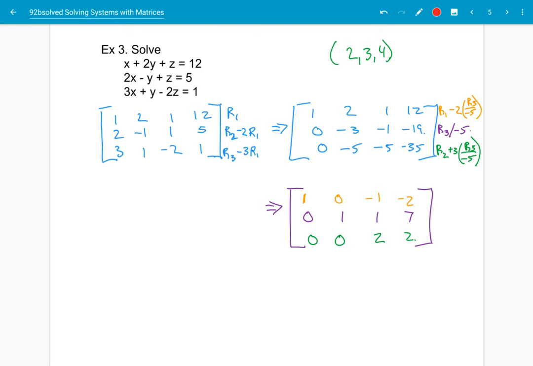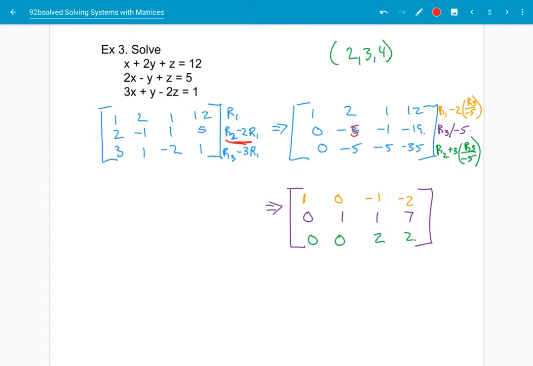I had paused the video. It only took me a couple of minutes. It's on the prior step that I made a mistake. So right here, row 2 minus 2 row 1s is not -3, it's -5.